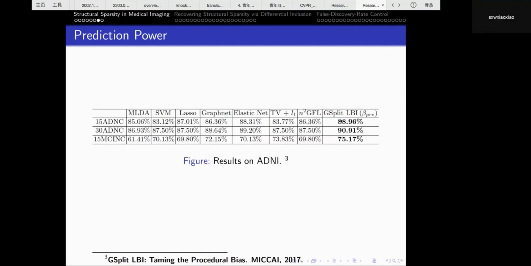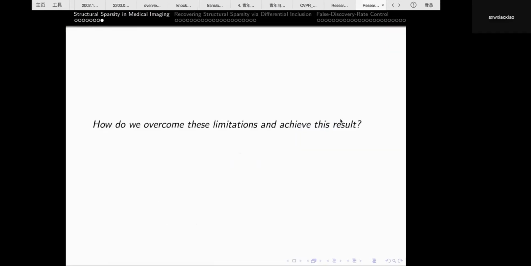In summary, our method can simultaneously achieve more accurate disease prediction and more reasonable lesion feature selection. In the next section, I will theoretically explain how we overcome these limitations and achieve this promising result.